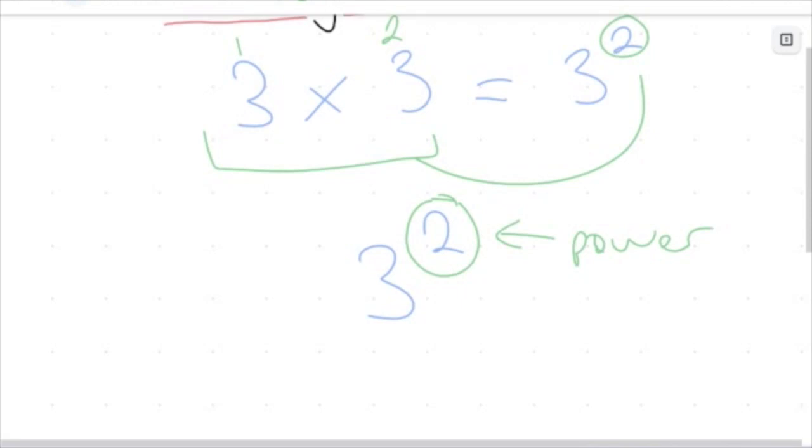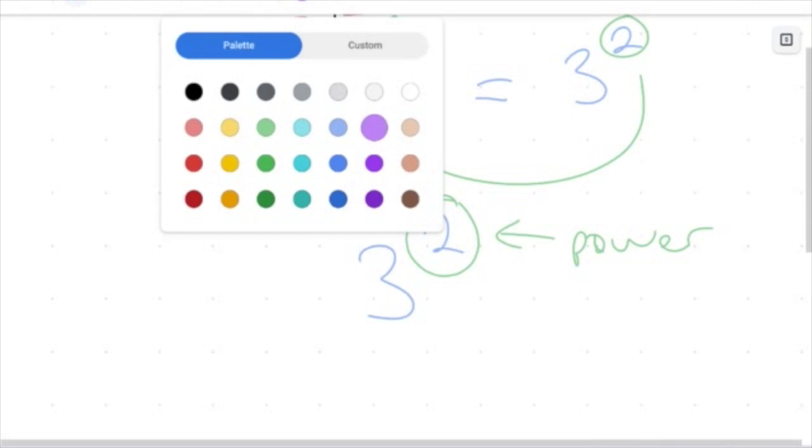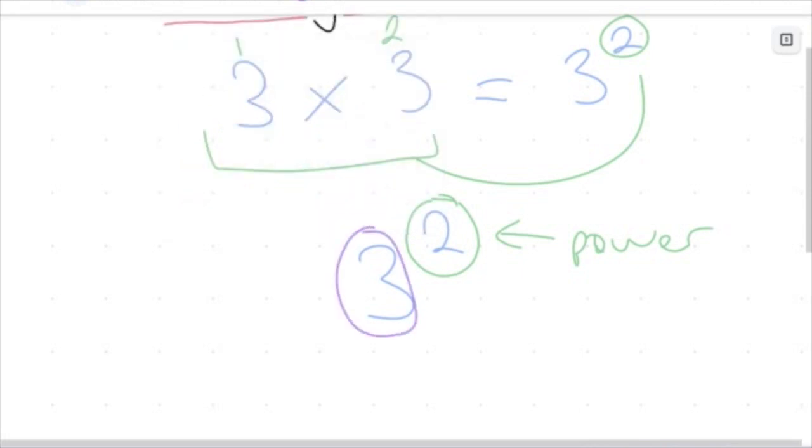And the number down here, this is what we call the base. So what our new way of writing this tells us is the base, which is the number that's being multiplied, and the power, how many times it's being multiplied by itself, or how many of these 3s are timesing together. So here we have 2.